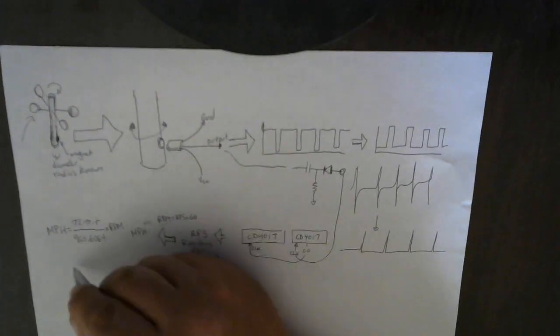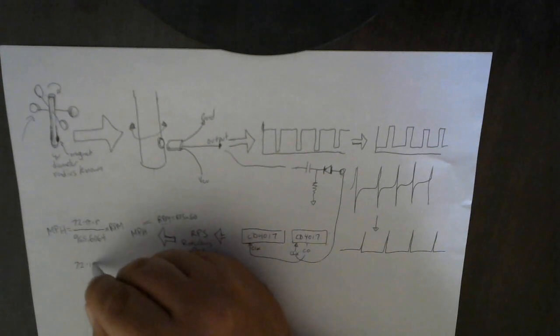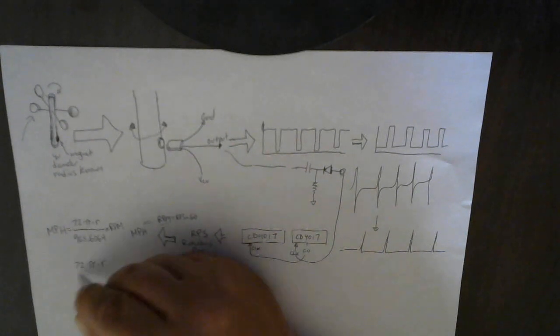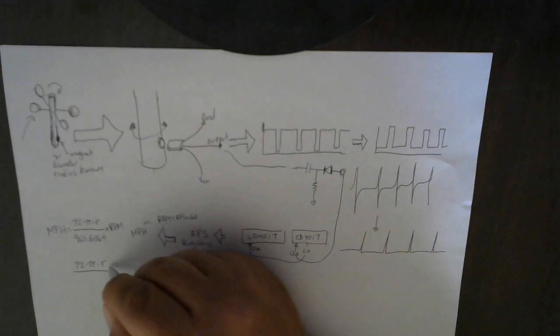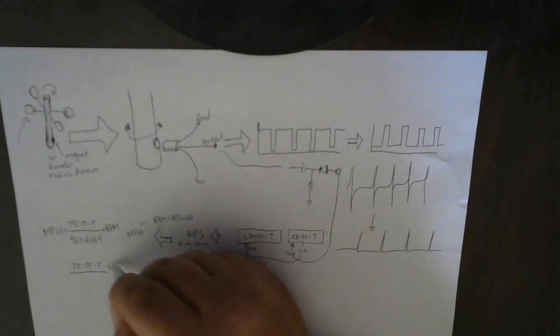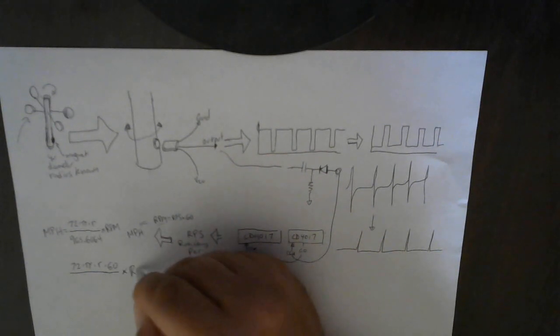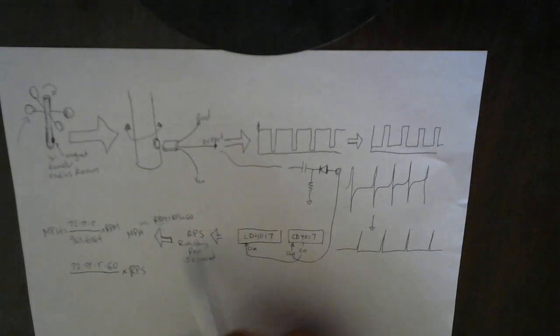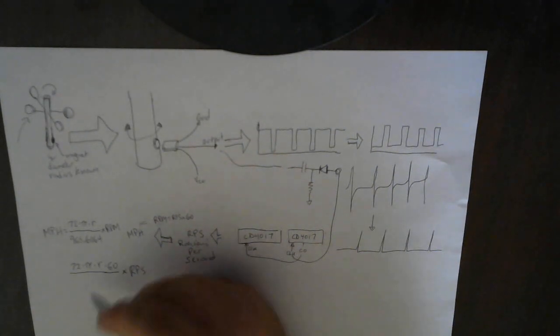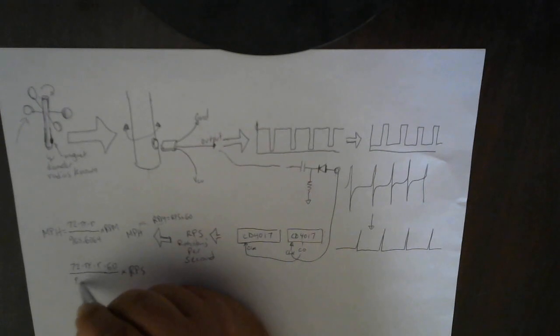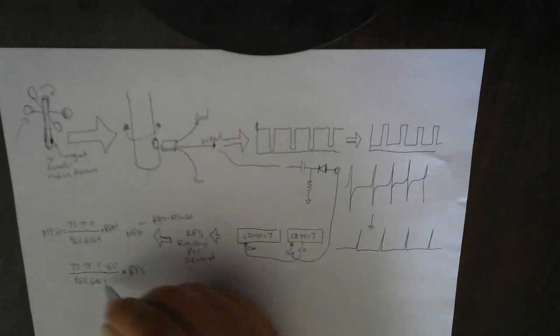So the formula is 72 times pi times radius times 60 times the RPS value, which we get from the counters here, over 965.6064.